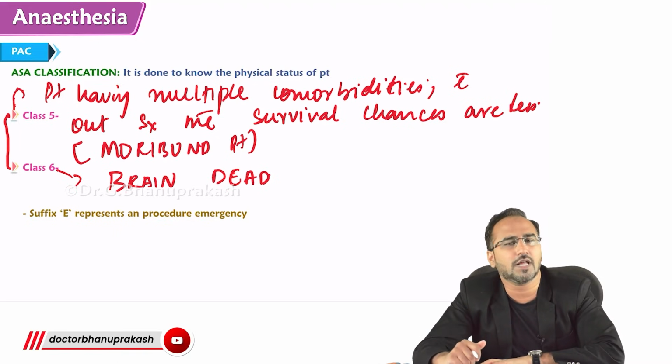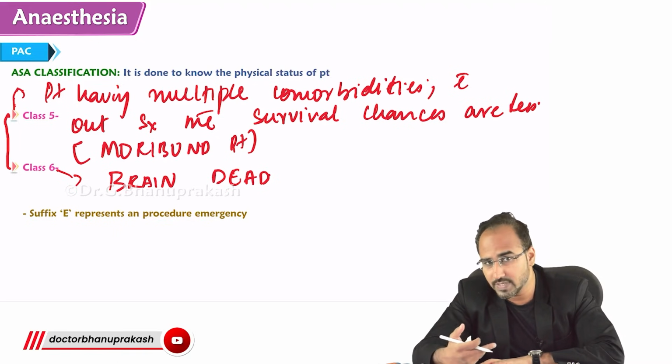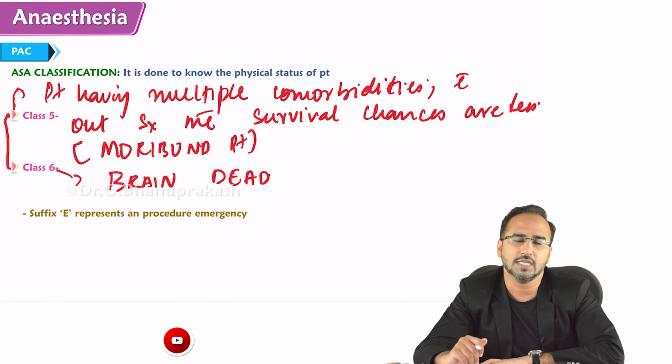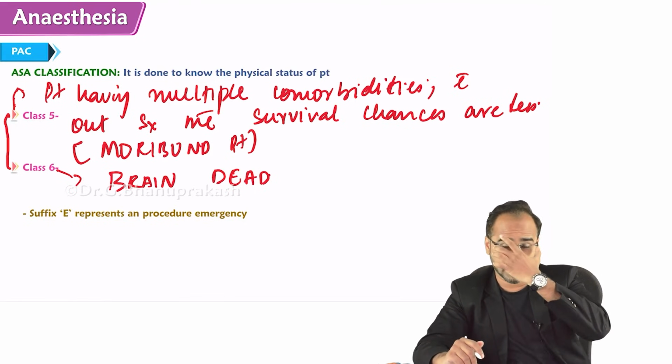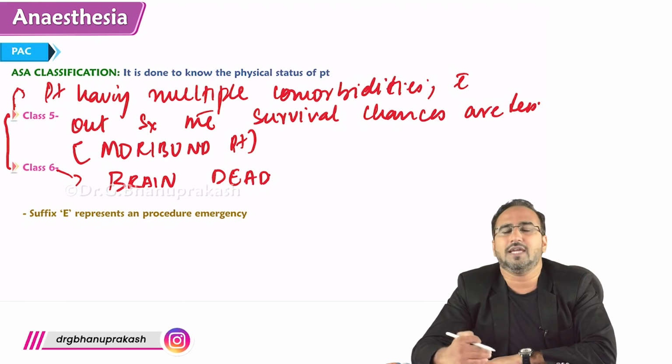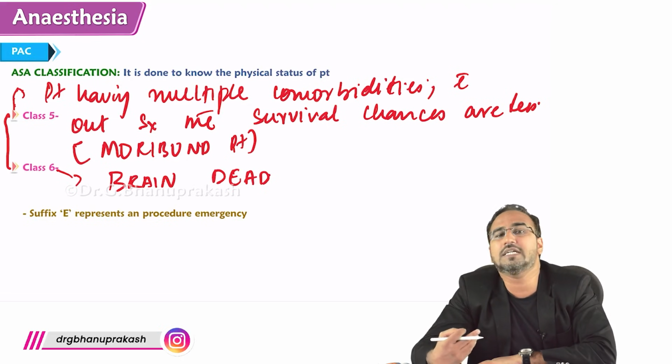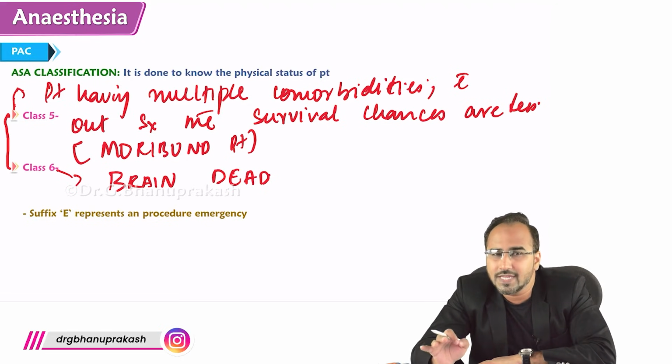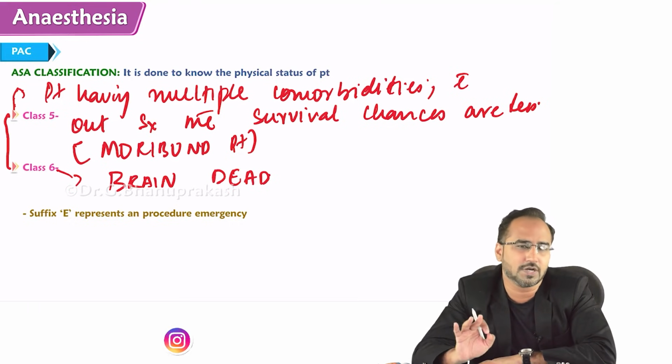This moribund patient is also not moving in the ICU. You have to go towards the patient and you have to give the classification. So remember guys, ASA is the American Society of Anesthesiologists. It is a certificate that is given to certify whether the patient is fit to undergo anesthesia or not.